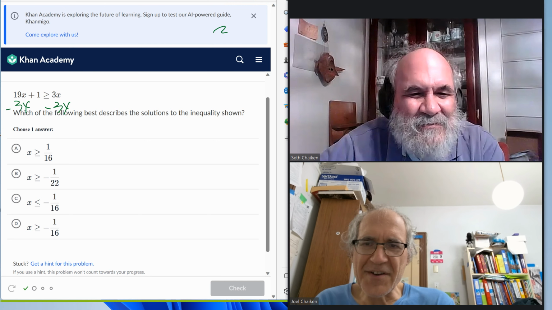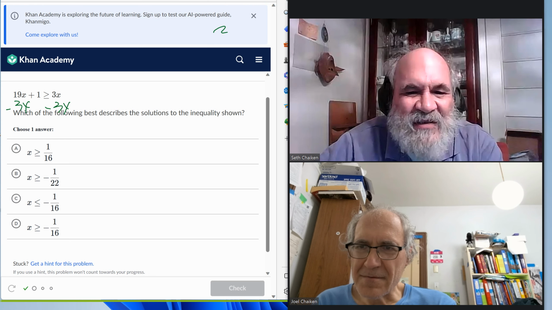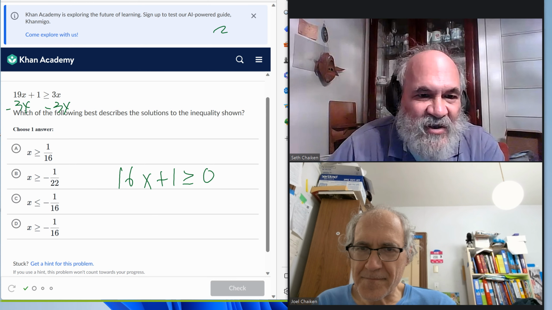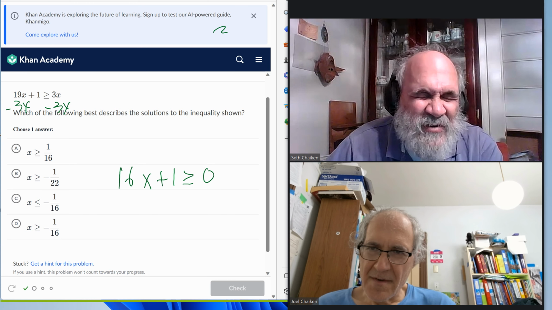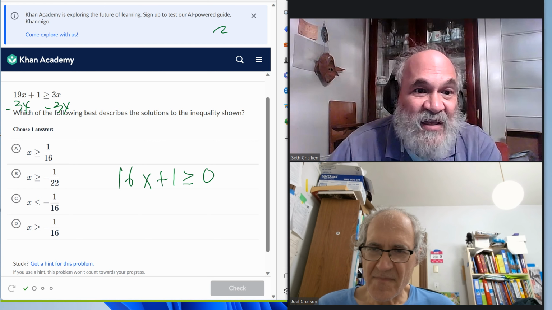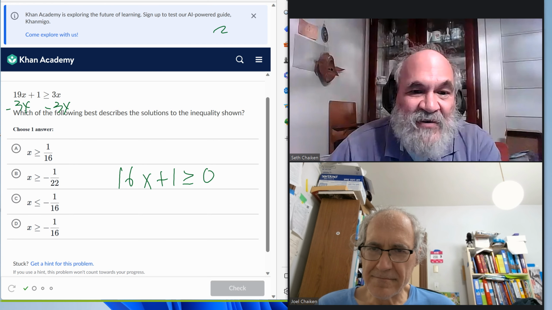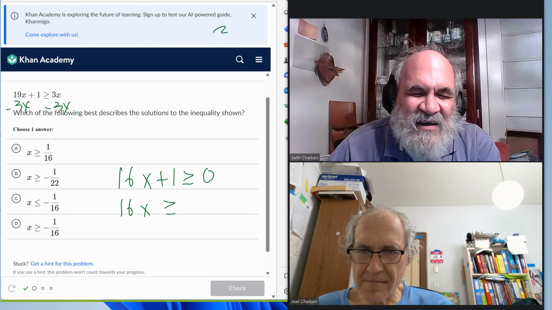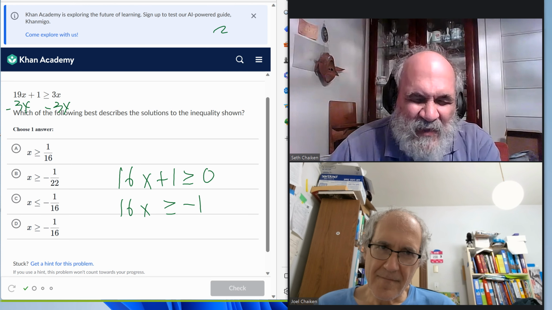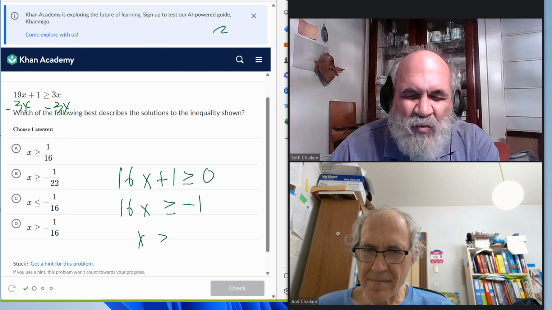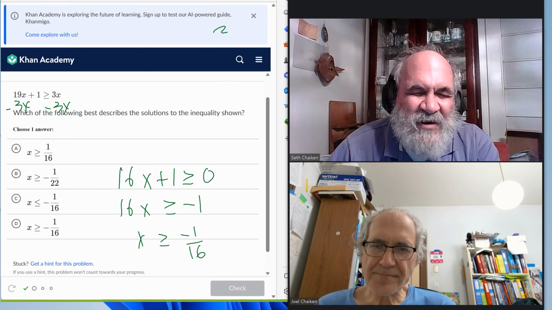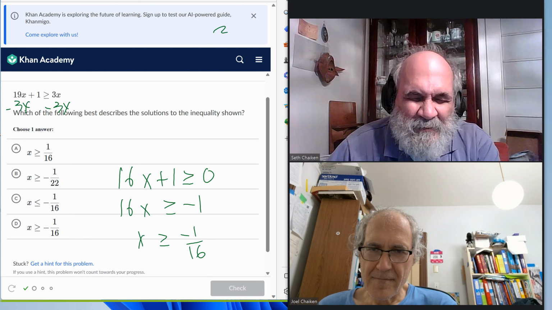Doesn't matter, because they gave you the choices: 2 of the choices are X greater than or equal, and 2 are X less than or equal. Whatever the answer is, it will be of the form an X on one side, coefficient 1, and either a greater than or equal or less than or equal.